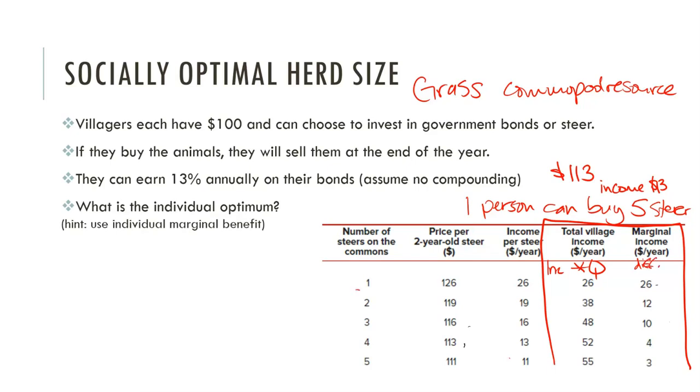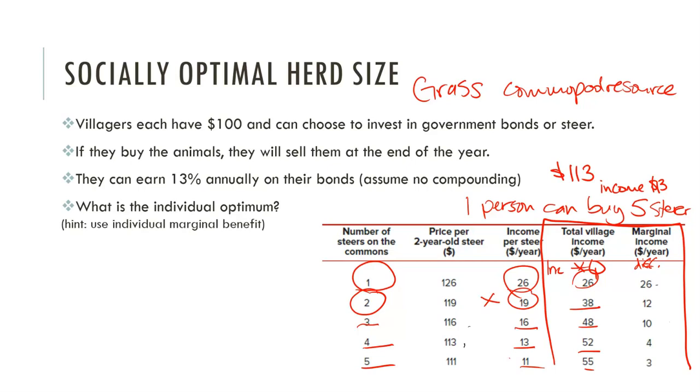So when we have 1 on the field, it's 26 and 26. When we have 2 times 19, we get a total income of 38. For 3, we get 3 times 16, which gives us 48. 4 times 13, 52, and 5 times 11, which is 55.